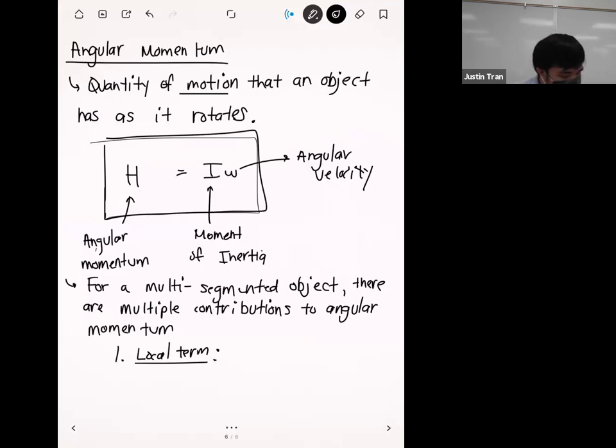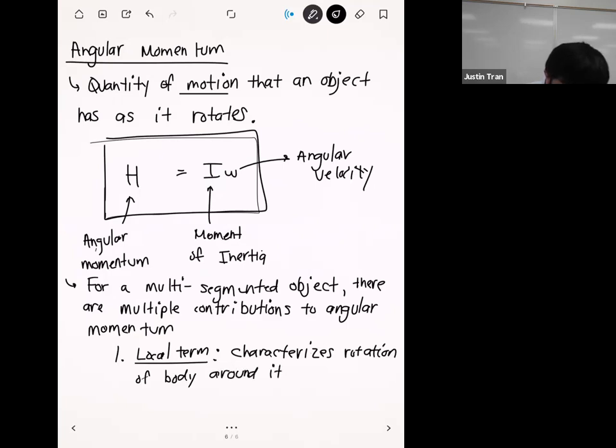And so the local term characterizes the rotation of the body about its own center of gravity. Okay. Okay.